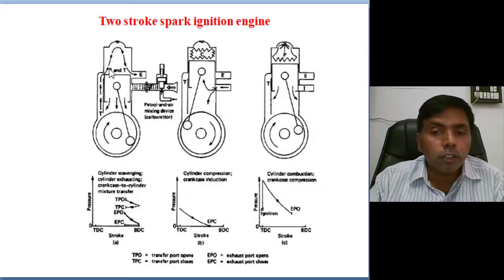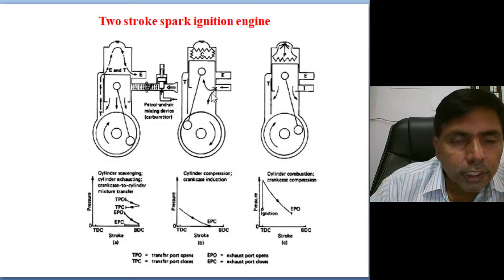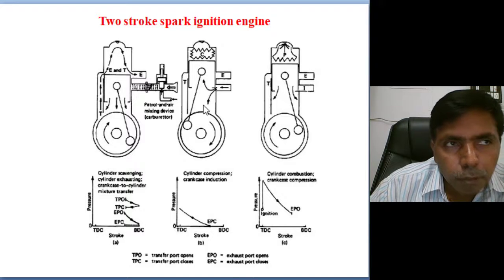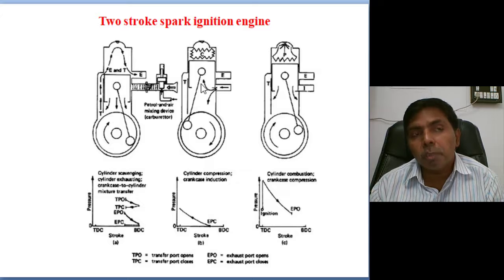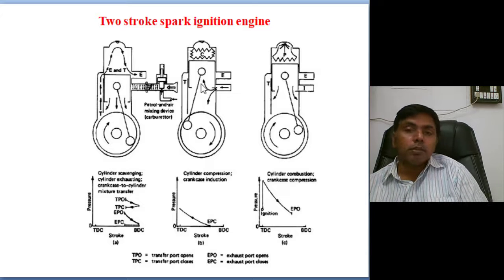There are no valves. One is the transfer port, one is the exhaust port, and the other is the inlet port. The opening and closing of these ports takes place by the movement of the piston. There are no separate valves, so the mechanism is simple. There is no valve mechanism and no camshaft requirement. Why?